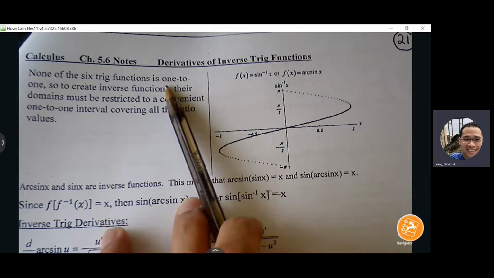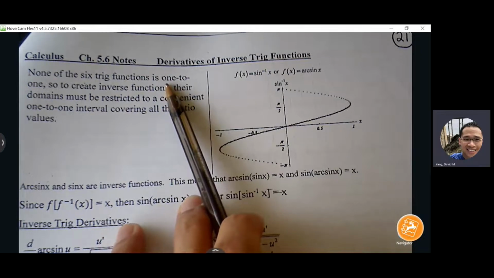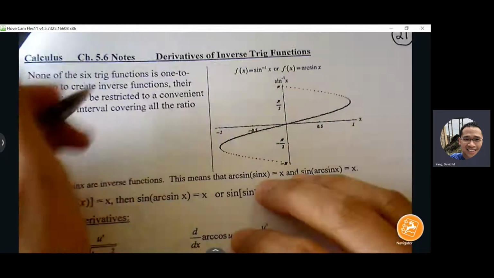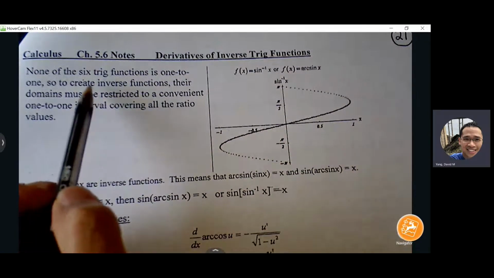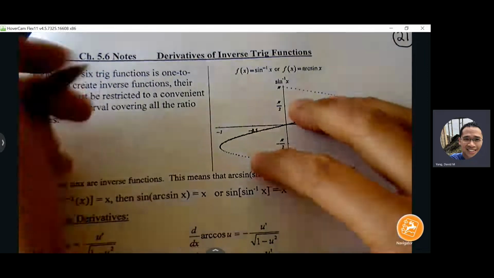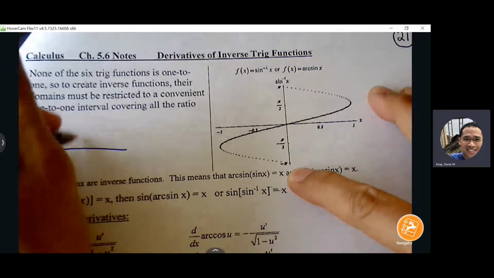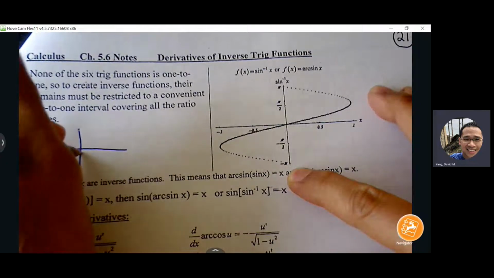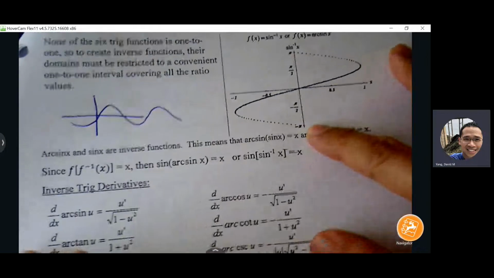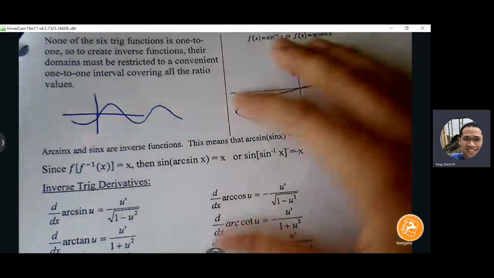We're not so concerned about the shape of the trig functions. It's good to know what sine and cosine look like. But the idea is that none of the 6 trig functions is one-to-one. What that means is if you look at, for instance, a sine graph, it's not one-to-one because it doesn't pass the horizontal line test.